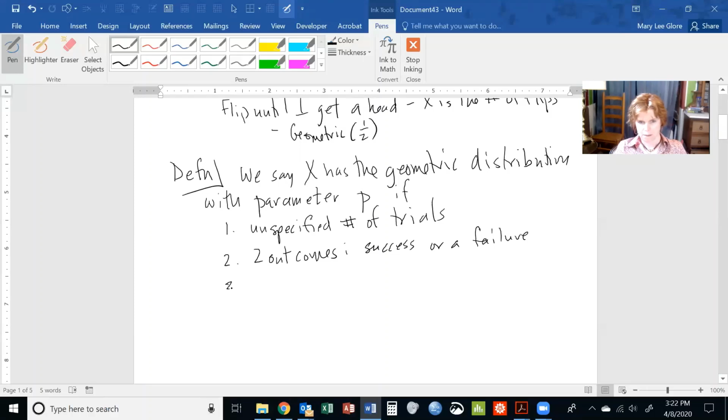And X equals the number of trials until the first success. That's the number of the trial of the first success, I might say that.